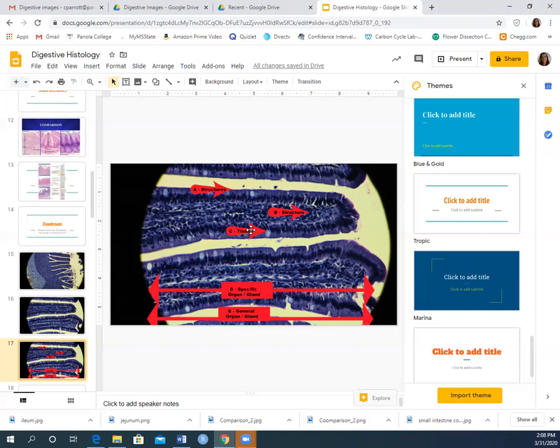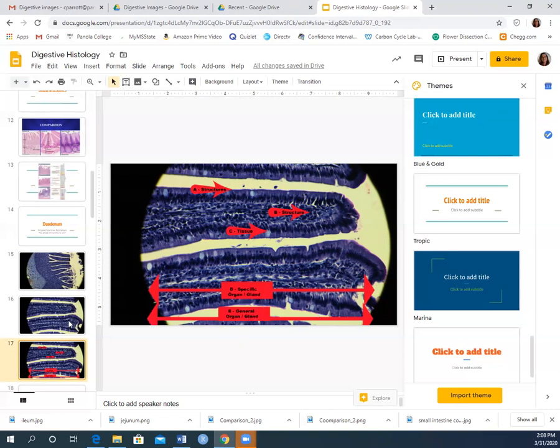And the C arrow is the mucosal epithelium, or you can say simple columnar epithelium with mucus cells. Okay. D, the specific organ would be the duodenum. And E, the general organ would be the small intestines. Does that make sense?